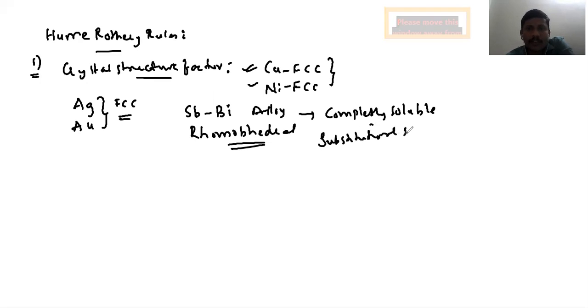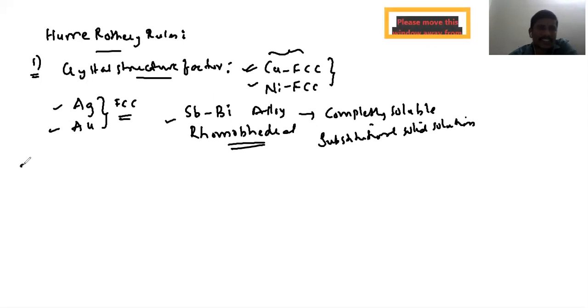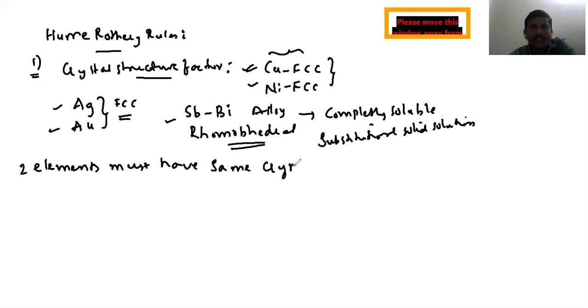So with these examples, we can understand the two elements must have the same crystal structure.